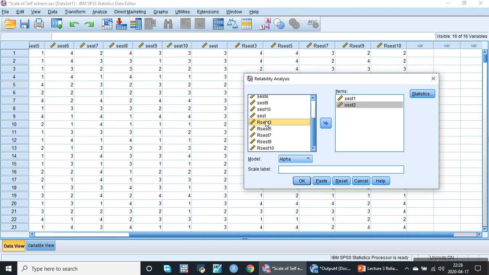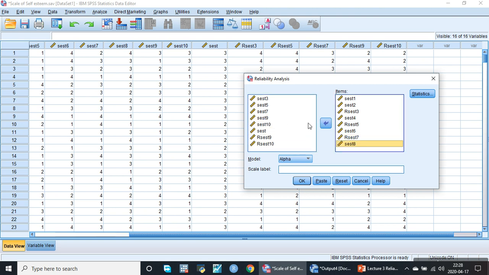We will shift the corrected self-esteem 3, then question 4 and reverse coded question 5, question 6, reverse coded question 7, question 8 and reverse coded question 9 and question 10.